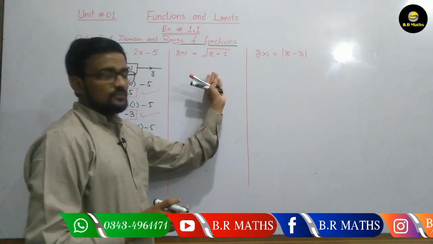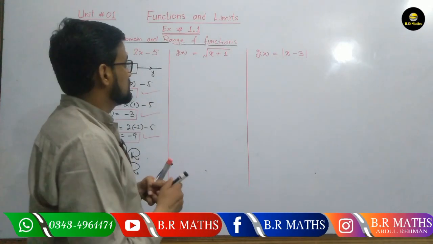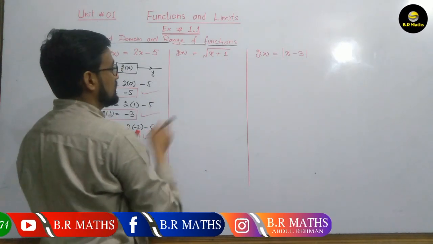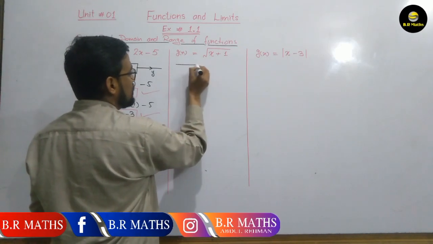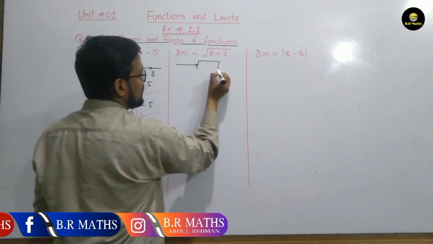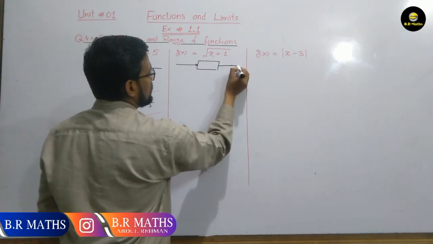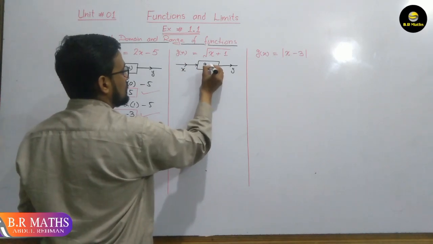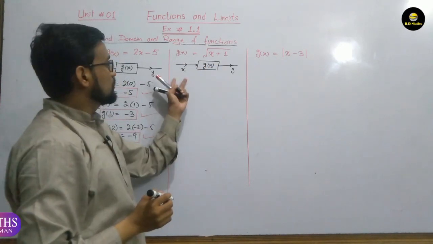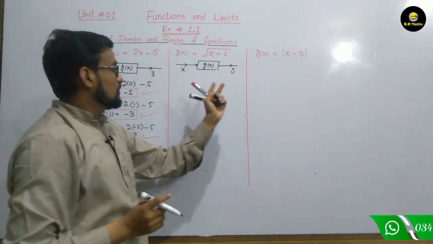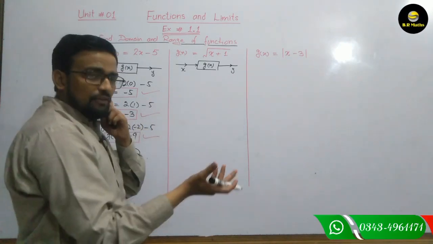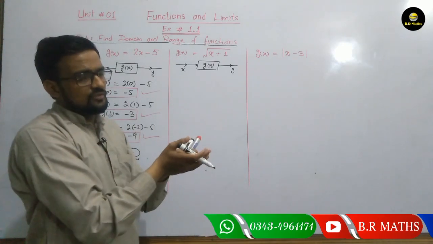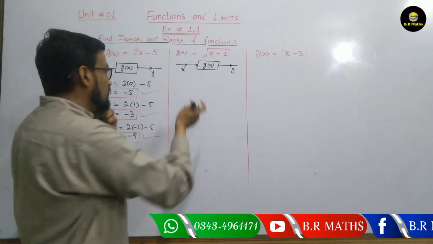Okay, next, the next function is this. Students, in this case, similarly, put the x into the function, like a machine: put in the input and check what your output is. The domain values are those you can put in, and the result is your output, your final value.